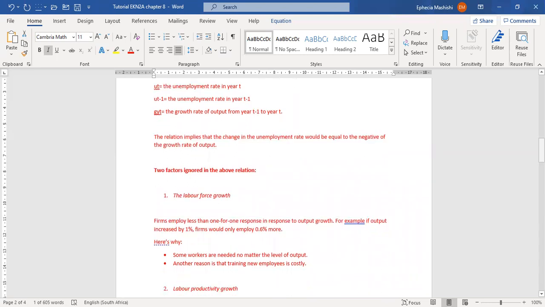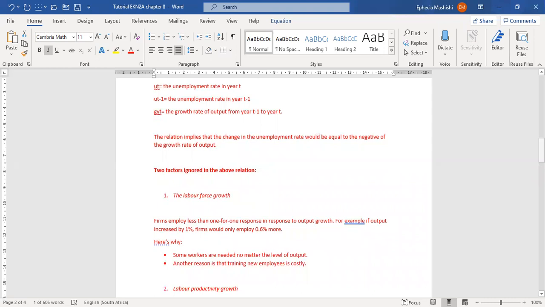The second factor is the labor productivity growth. An increase in employment does not lead to a one-on-one decrease in unemployment, okay? So why is that? Not all new jobs are filled by unemployed people, okay?